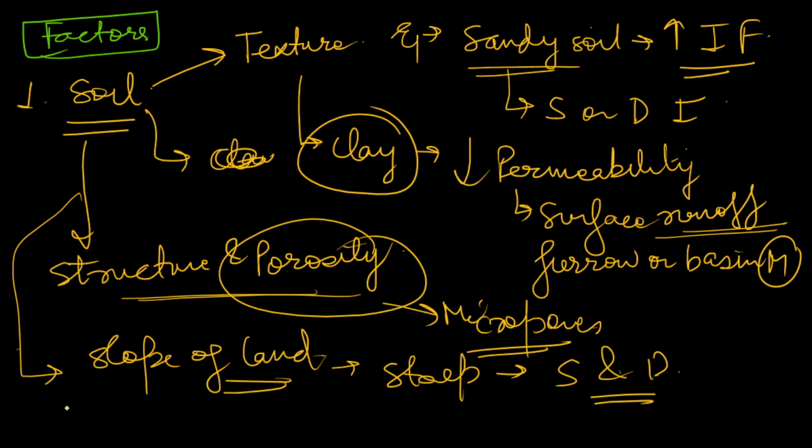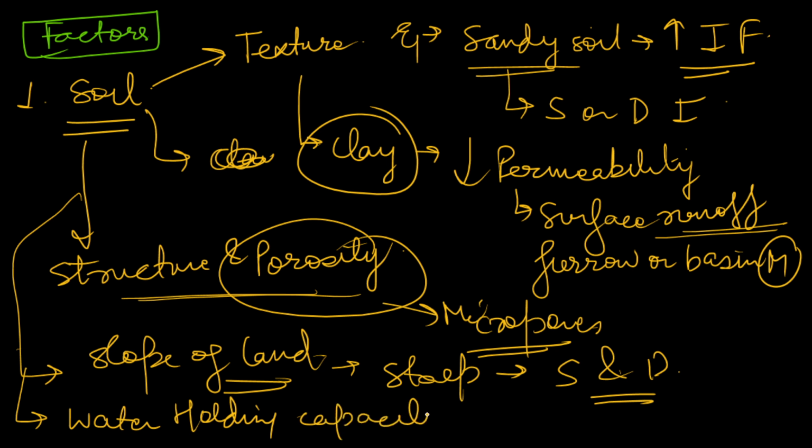Water holding capacity also should be kept in mind, because various soils have various water holding capacity, and if the water holding capacity is low, obviously you should go for sprinkler and drip irrigation. So these are the soil factors which you should keep in mind.